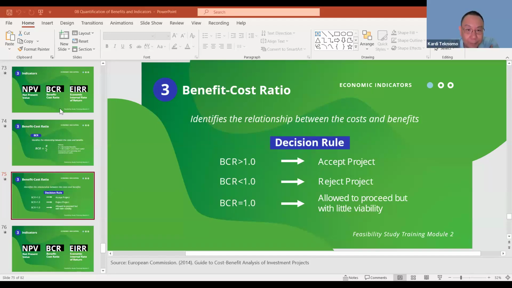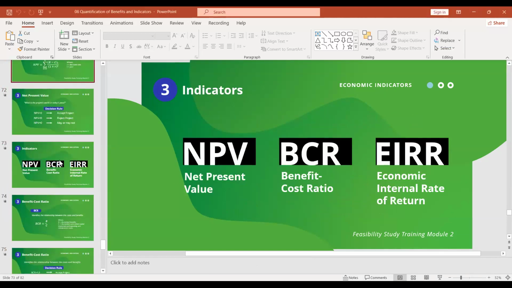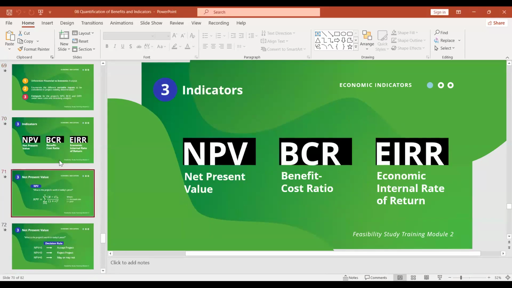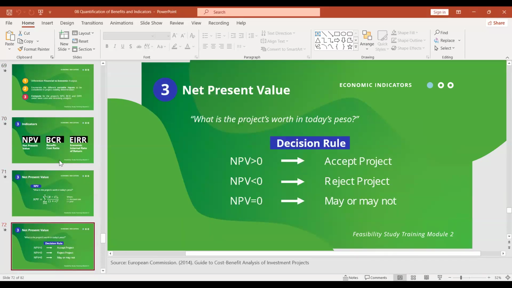Yeah. So the decision rule, there are different decision rules. For NPV, if NPV is greater than zero, accept the project, reject if it's less than zero, and equal to zero may be considered.